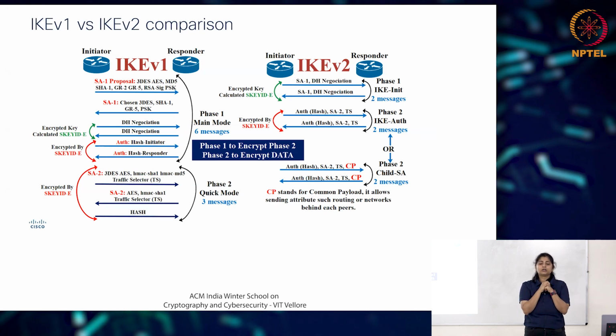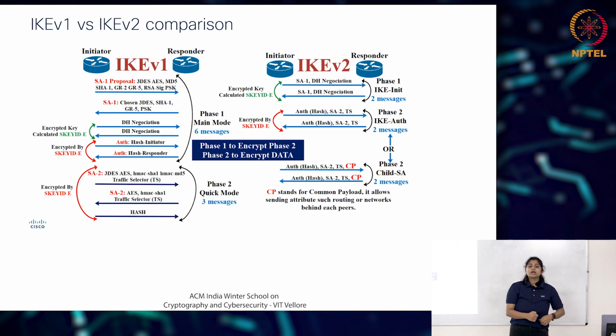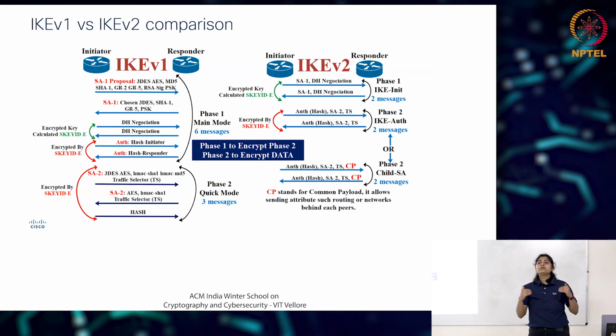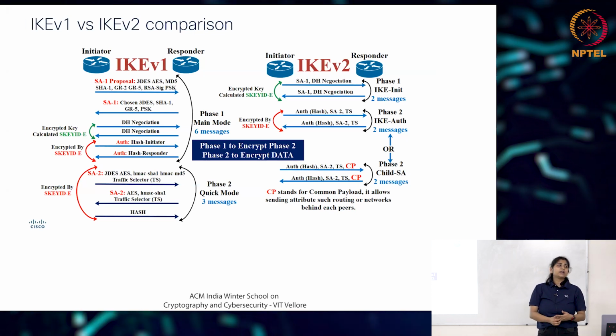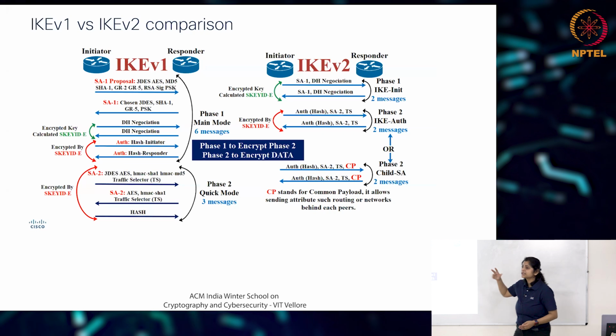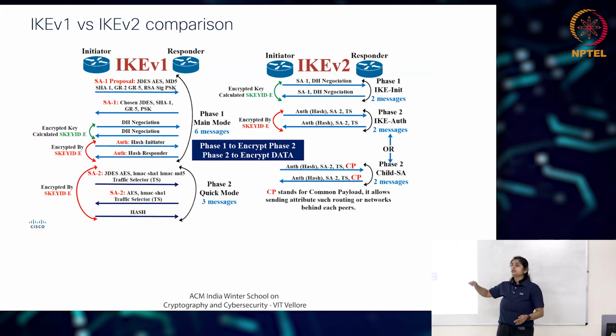To address some of the issues, even anti-replay issues in IKE v1, they said we want to reduce the number of packets that are getting exchanged. Because a lot of times in IKE v1, since it's ACK based, if one fails, it will still try to establish.